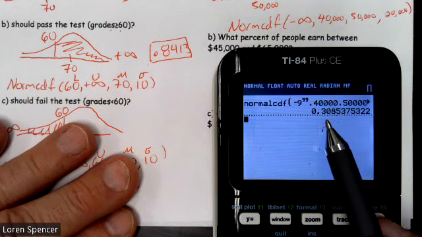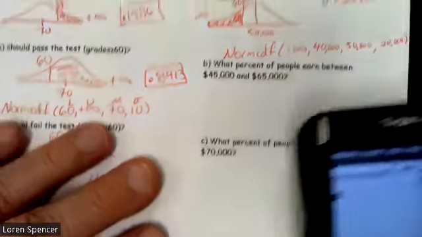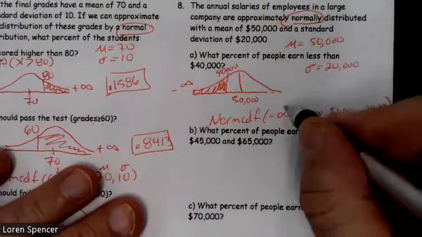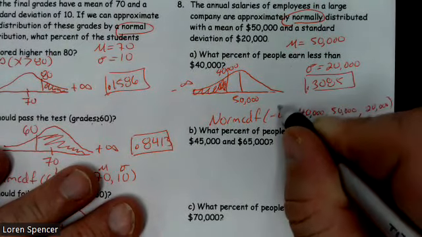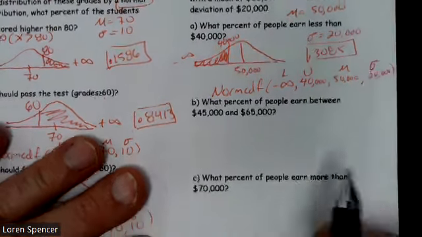And it turns out about 30% make less than 40,000, or almost 31%, 0.3085. Lower, upper, mean, standard deviation.